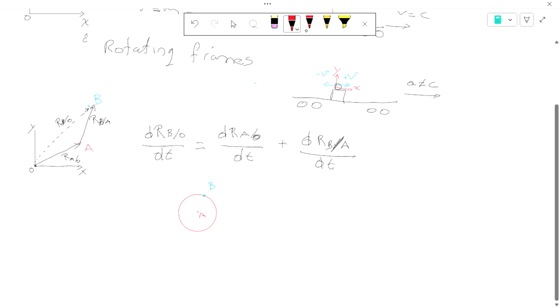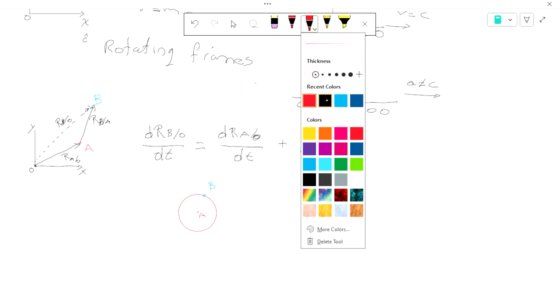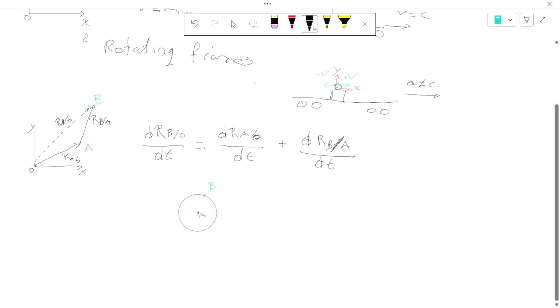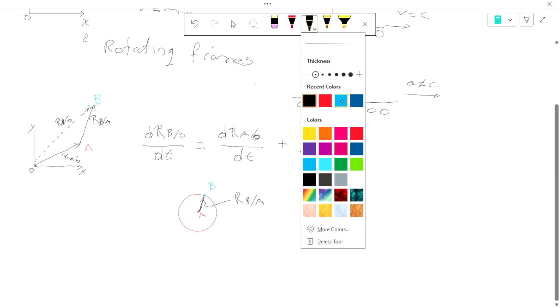Okay, so evidently, this distance right here, that's going to be the distance from B to A. Right, so if you picture that, we have an orbit right here. Okay, B to A.